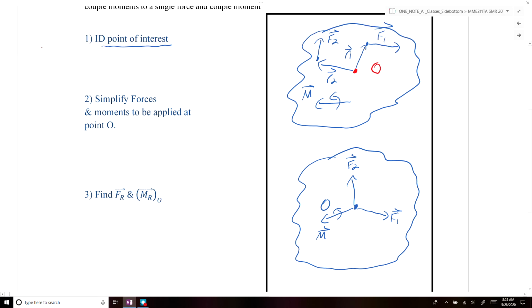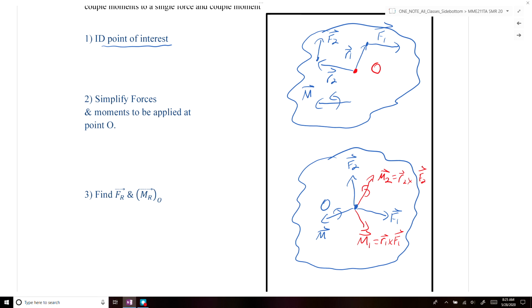We'll get M2, and we'll get M1, where M1 is R1 cross F1, and M2 is equal to R2 cross F2. And so now we have everything at a single point.